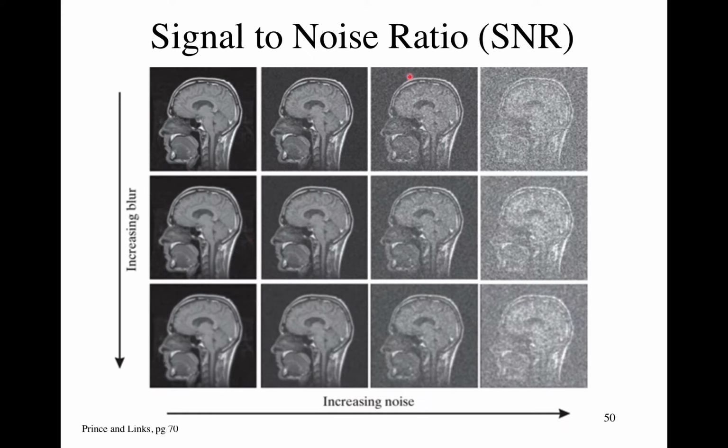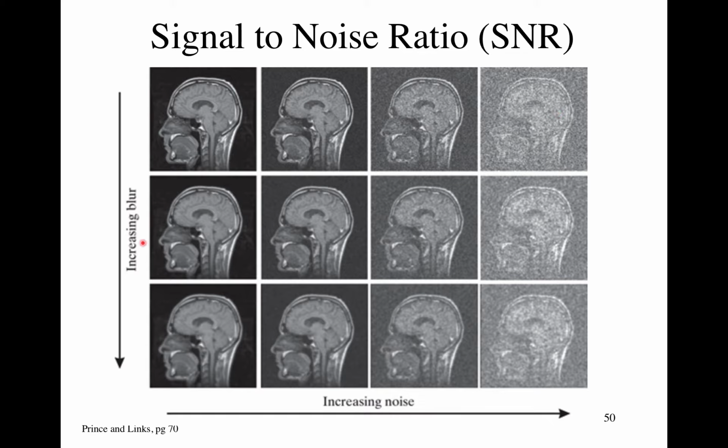The signal-to-noise ratio is usually computed by taking a mean value in an area and then sampling some place where you can sample the noise to figure out its amplitude, right? And then calculating a ratio. So if we look at this set, which was on the last slide, the signal-to-noise ratio is going down significantly as we go here, because the mean value of the brain here divided by the amount of noise is going to be a smaller number than over here.